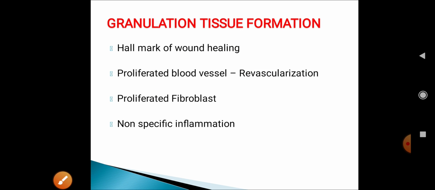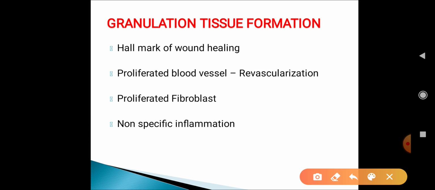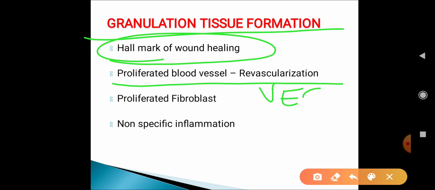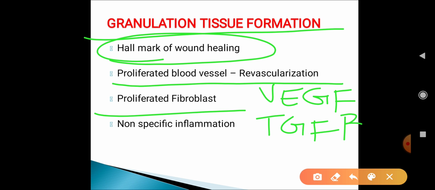Right? Okay. So as of now, you can basically understand that the central point of the wound healing is the granulation tissue formation. So we can say that granulation tissue formation is the hallmark of the wound healing. It's the main event of the wound healing. What is granulation tissue? It is a proliferated blood vessel because of vascular endothelial growth factor and proliferated fibroblast, that is because of transforming growth factor beta mainly.